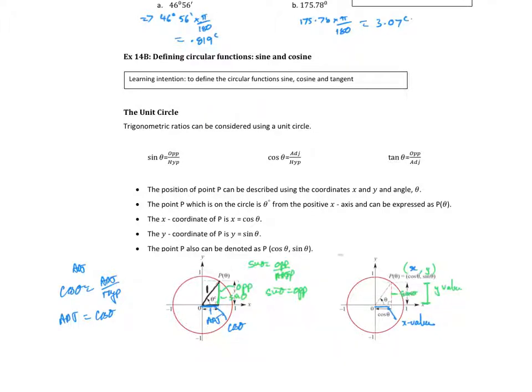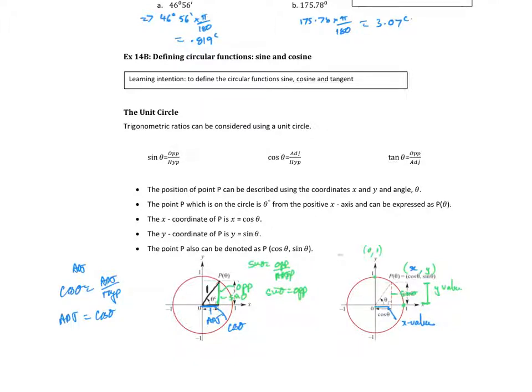If I'm at that point there, my x coordinate is 1, my y coordinate is 0. So at this point, cos theta is 1, sine theta is 0. At this point up here, my x coordinate is 0, my y coordinate is 1, so sine theta is equal to 1 and cos theta is equal to 0.